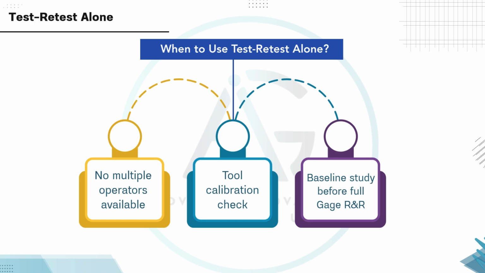Before jumping into a full-blown gauge R&R with multiple parts and operators, it's a good idea to do a quick repeatability check. This gives us a baseline understanding of how consistent the measurement system is under controlled conditions. So, while test-retest alone doesn't give the full picture, it's a useful technique when conditions or resources are limited, or when we just want a quick initial check.